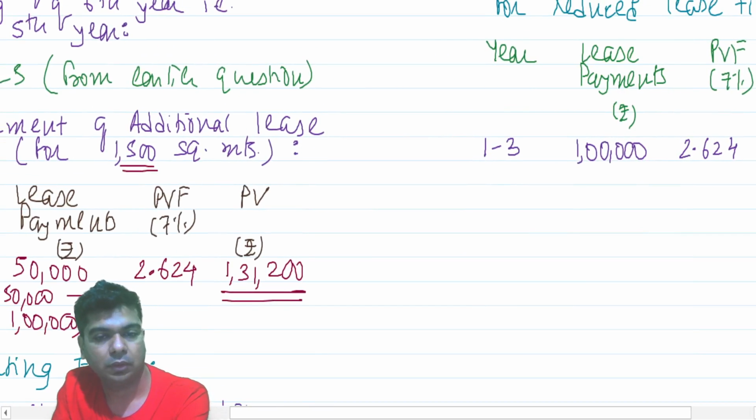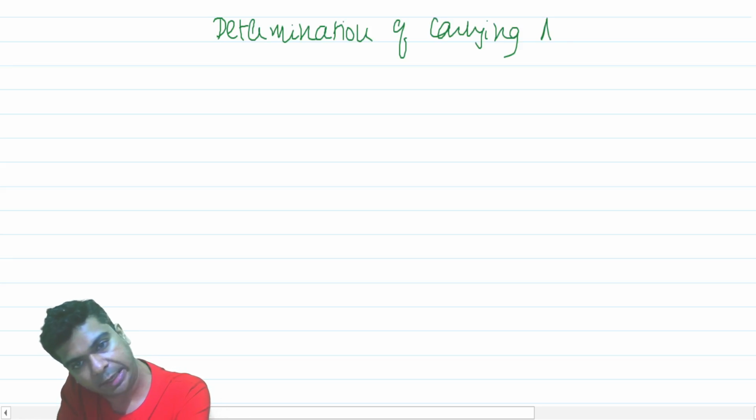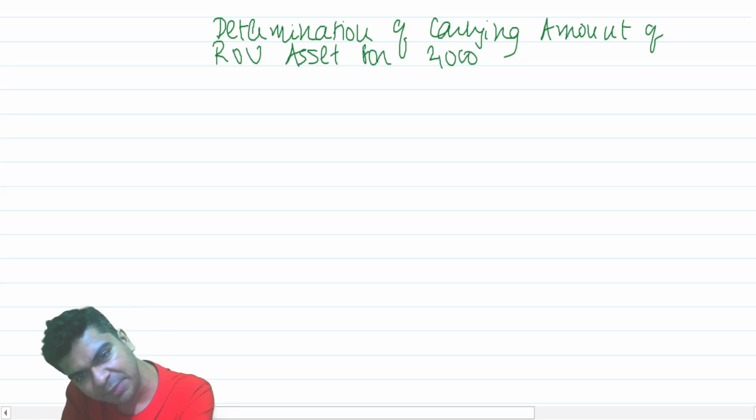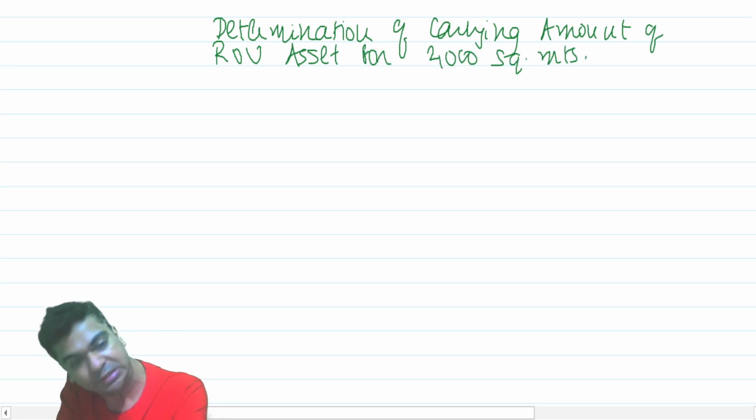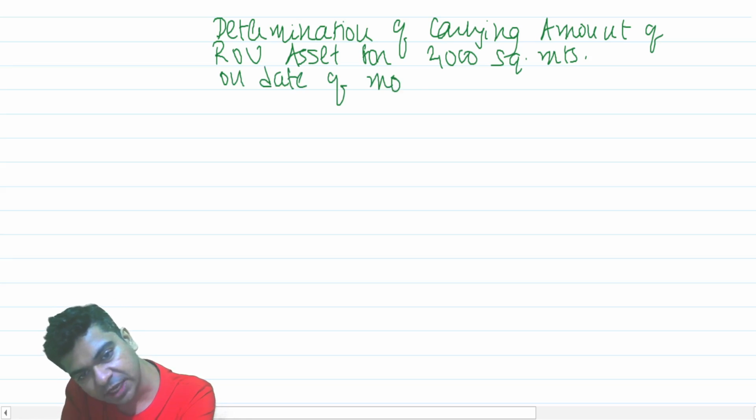Okay. So what I do is I say determination of carrying amount of ROU asset for 2000. I am being as elaborate as possible, for 2000 square meters on date of modification.